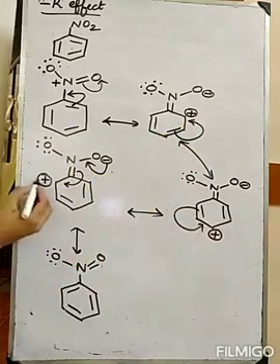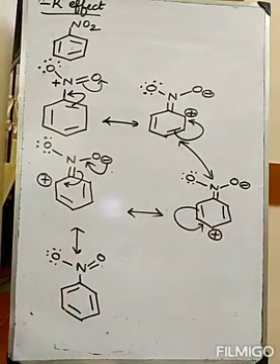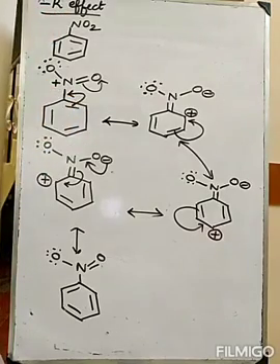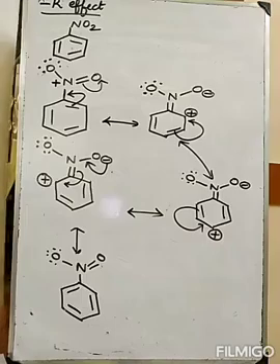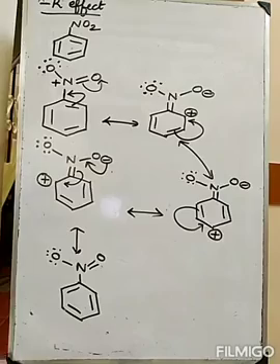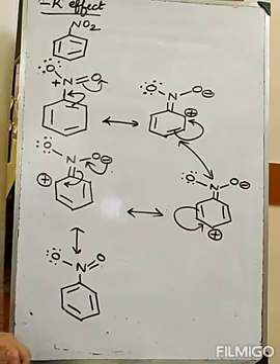Yes or no? Here the ring is getting positive charge. Understood? So this is the minus R effect, by the attraction of electron from the ring. The last one was by the donation of electron to the ring. So here the ring is getting positive charge; in the previous case, the ring will get negative charge.